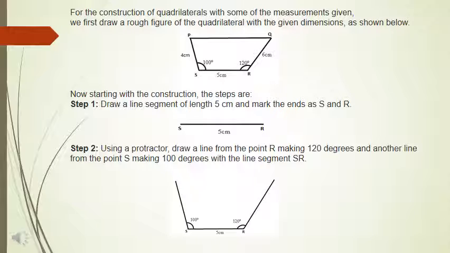Step 1: again we draw one line segment SR of 5 cm. After that, on that line segment, we have to draw two angles, 100 degrees from S and 120 degrees from R, using a protractor.